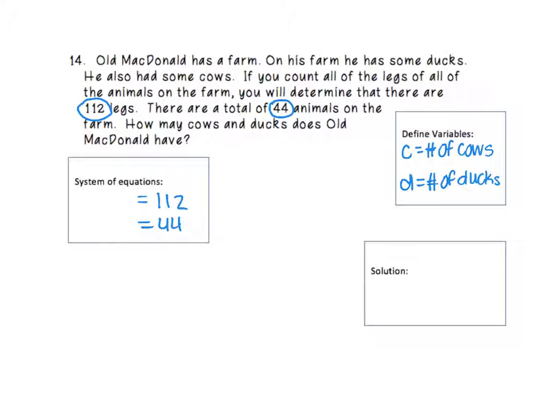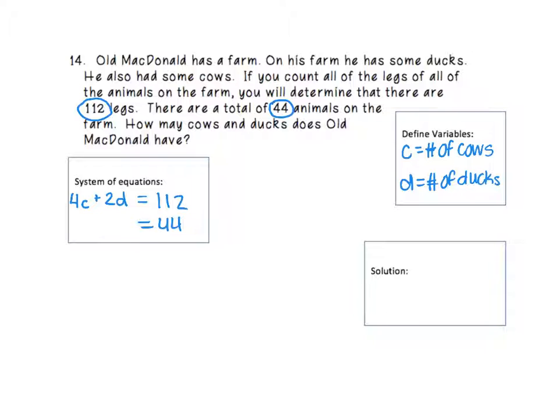So I need to take the number of those cows and multiply it times however many legs they have. So cows have 4 legs, so that will be 4C plus 2D, ducks have 2 legs, to give us the total number of legs, because it's 4 legs per cow and 2 legs per duck.